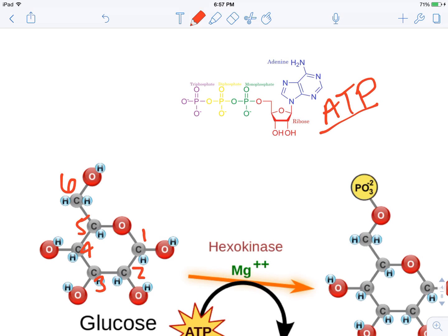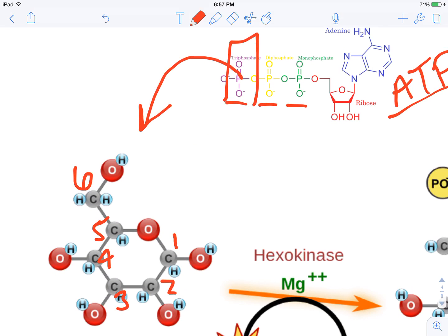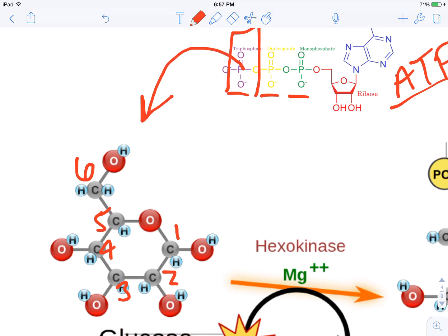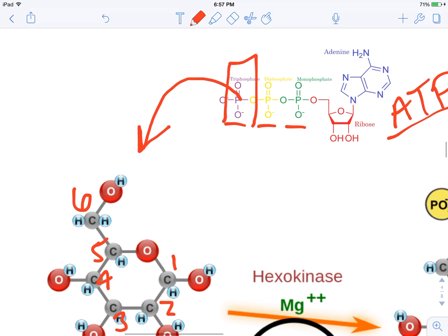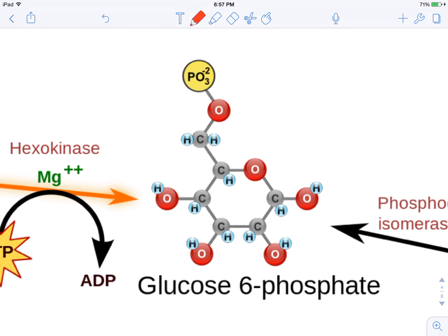We have our ATP. Again, 3 phosphate groups. It is the third phosphate of the ATP that will detach itself. Remember the R group that I told you would be on that phosphate group. That itself would attach to the 6th carbon. When this occurs, we will have a new molecule, which would be glucose 6-phosphate.